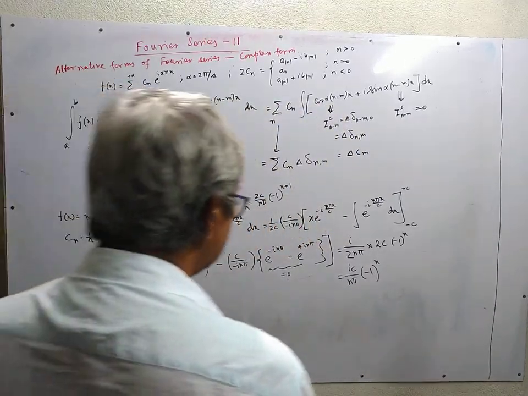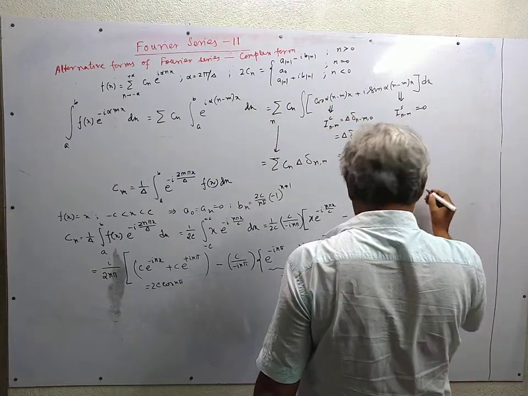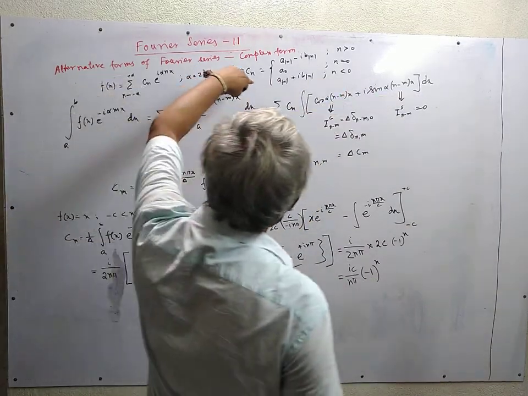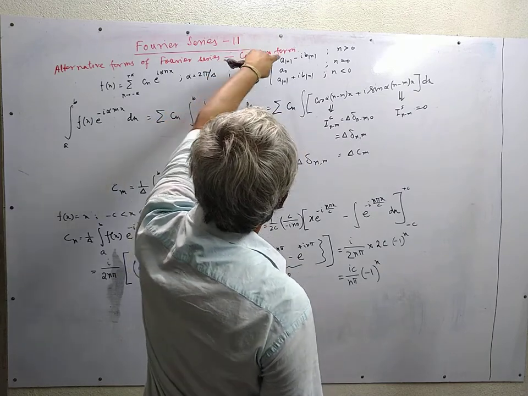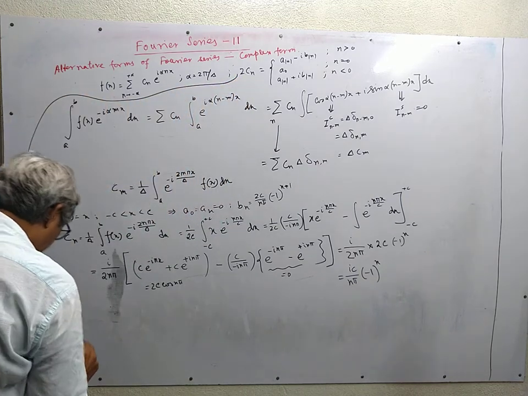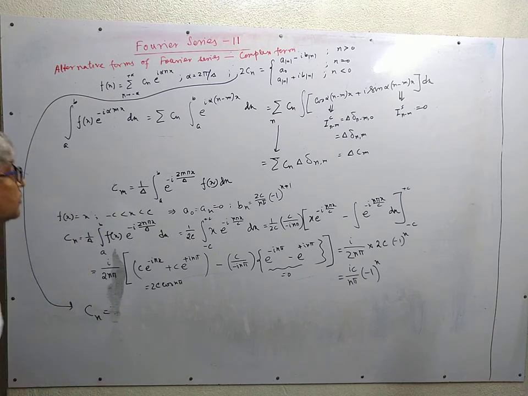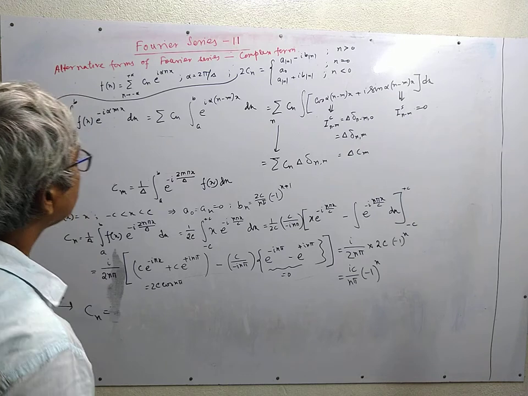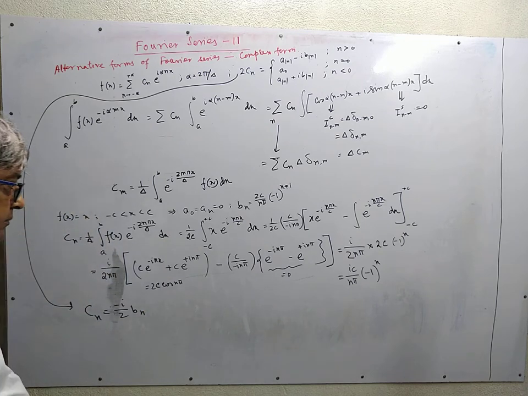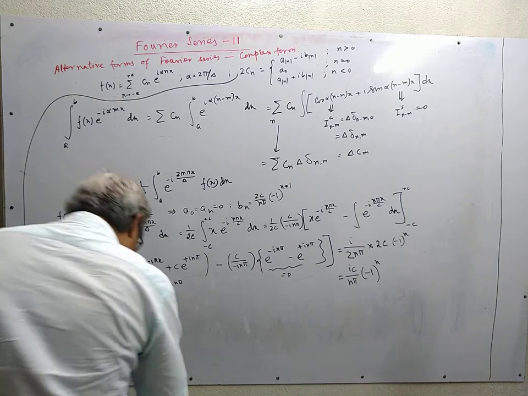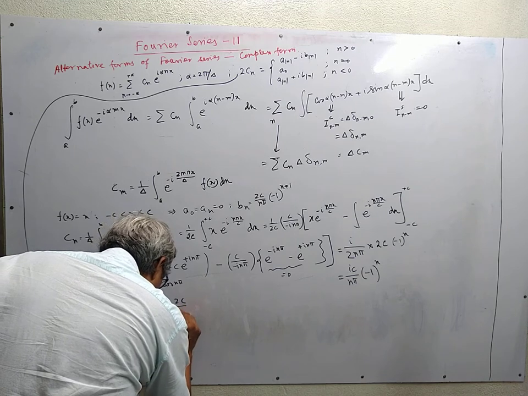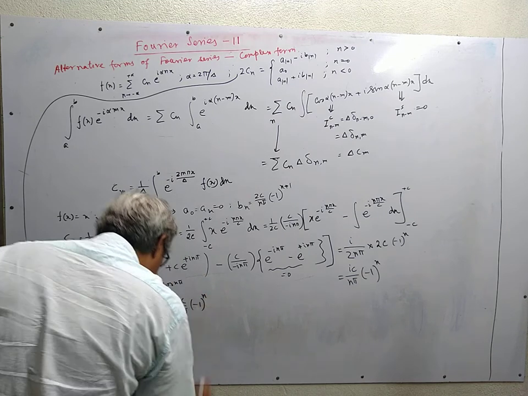This is Cn, and now we compare it with the relation of Cn with Bn. You see that Cn, if we use this definition, is equal to minus i by 2 Bn, and we know that Bn is 2c by n pi minus 1 to the power n plus 1.